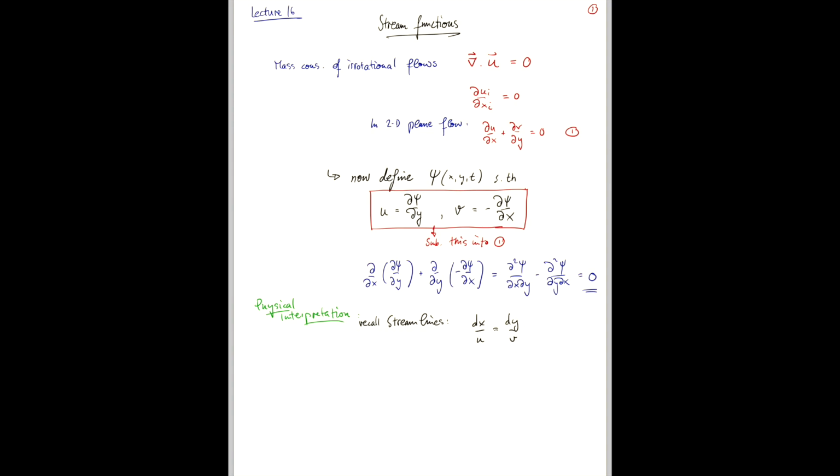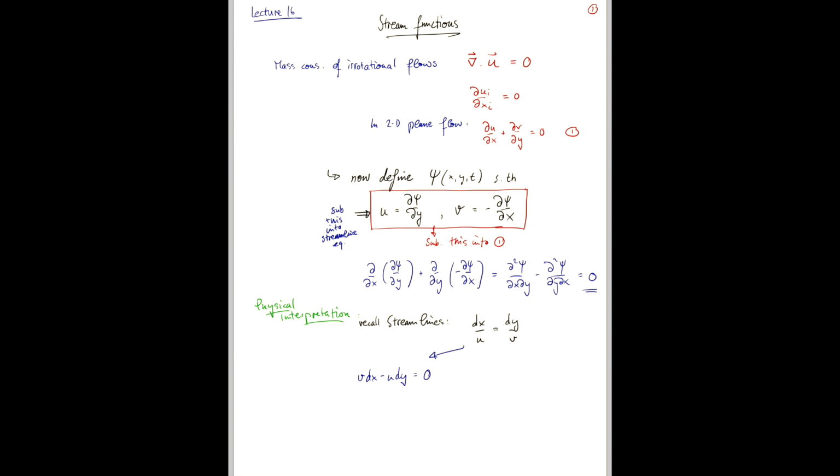And now we have these equations here, substitute this into the streamline equation. Then we get, maybe I should rewrite this, v dx minus u dy is 0.